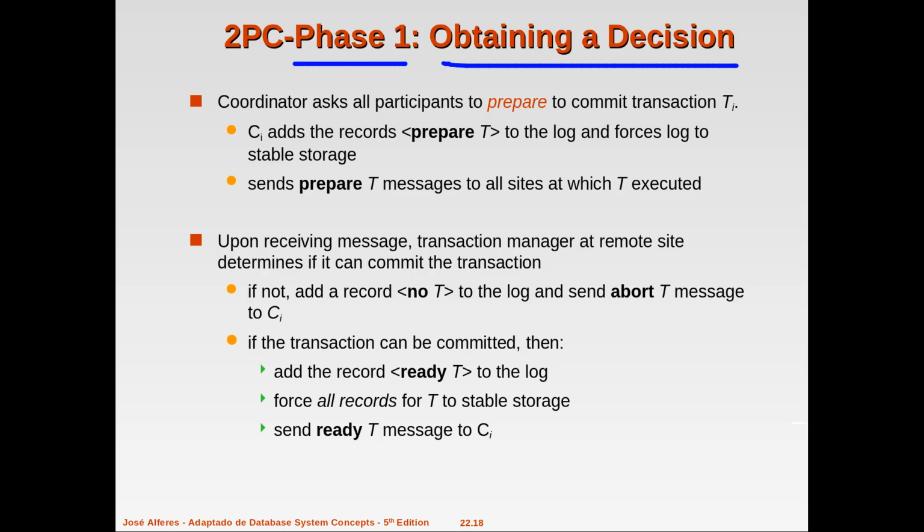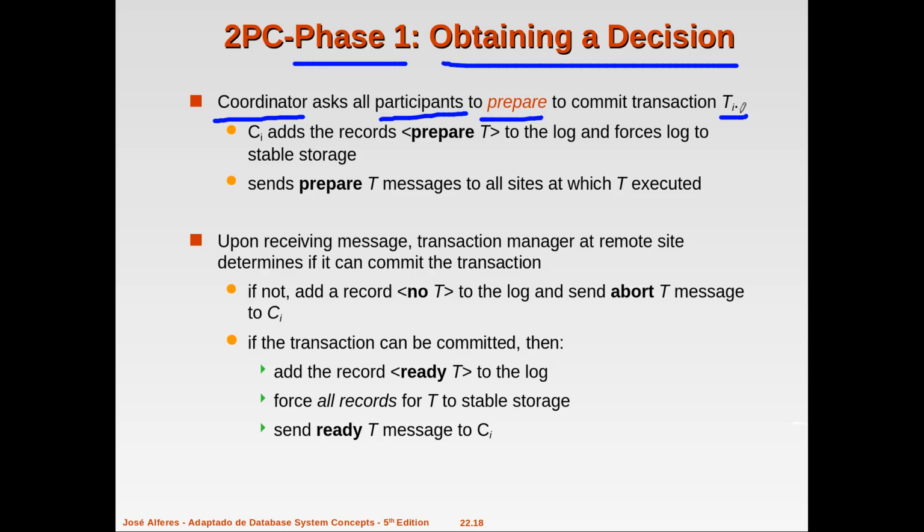So what are the procedures to be followed for obtaining a decision in phase 1? We will look into the different steps. First of all, the transaction coordinator of the site where the transaction was initiated will ask all the participants to prepare to commit transaction TI.